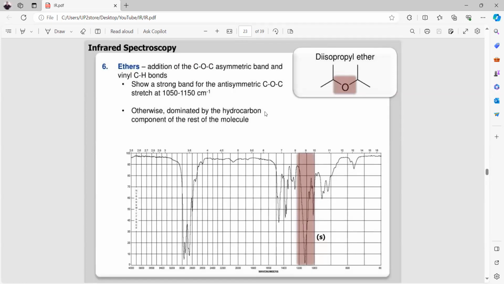Otherwise, it is dominated by the hydrocarbon component of the rest of the molecule. So from the red shadow, you can determine the functional group C single bond O single bond C. This is really important to identify the structures with the help of NMR spectroscopy.